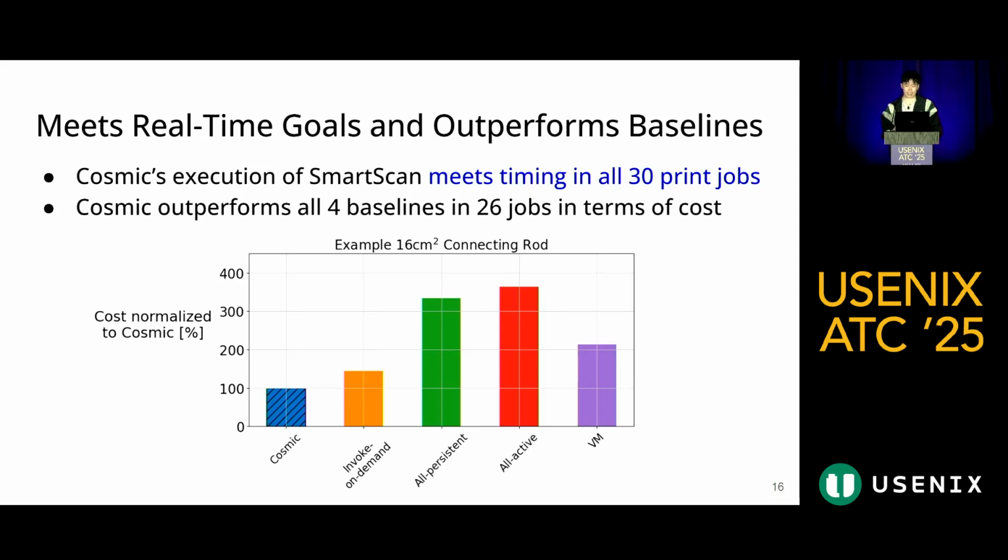This graph takes as example a 16 square centimeter connecting rod shape printing job. Its x-axis shows Cosmic, 3 baseline serverless solutions, invoke on demand, all persistent and all active, as well as the VM-based solution. And the y-axis shows their higher cost compared to Cosmic.